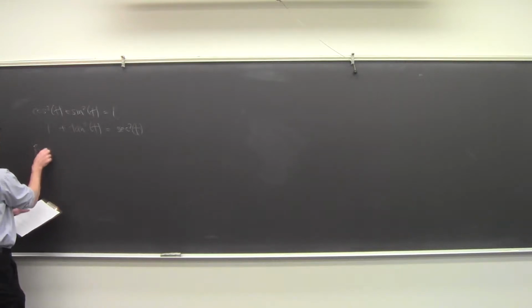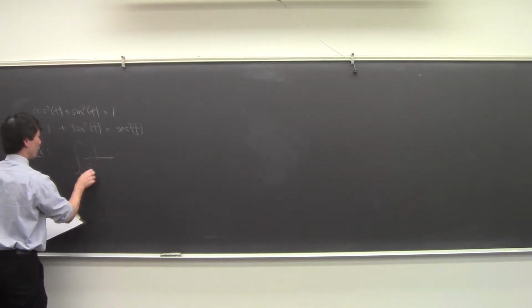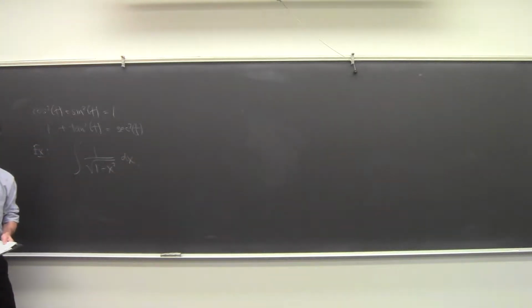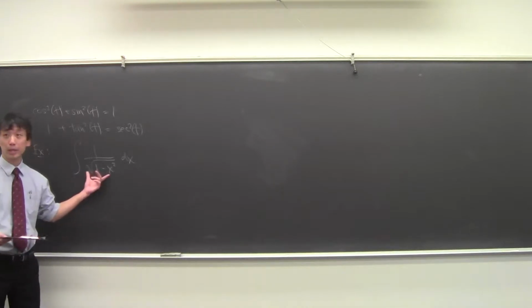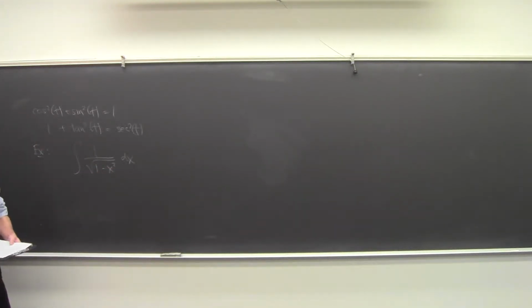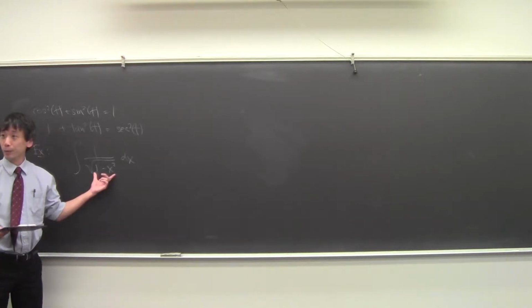We had this example of integrating 1 over the square root of 1 minus x squared, right? And you think, okay, I've got this radical, I've got this root here. I want to get rid of that root by changing this thing to a square.